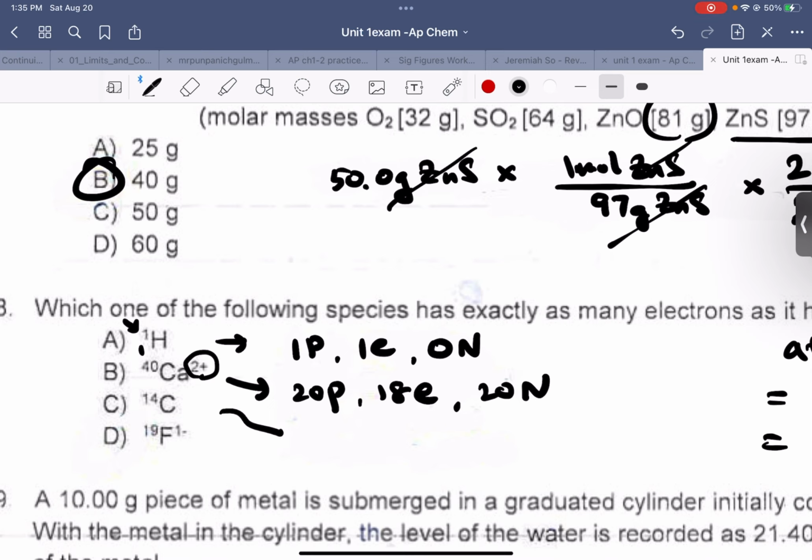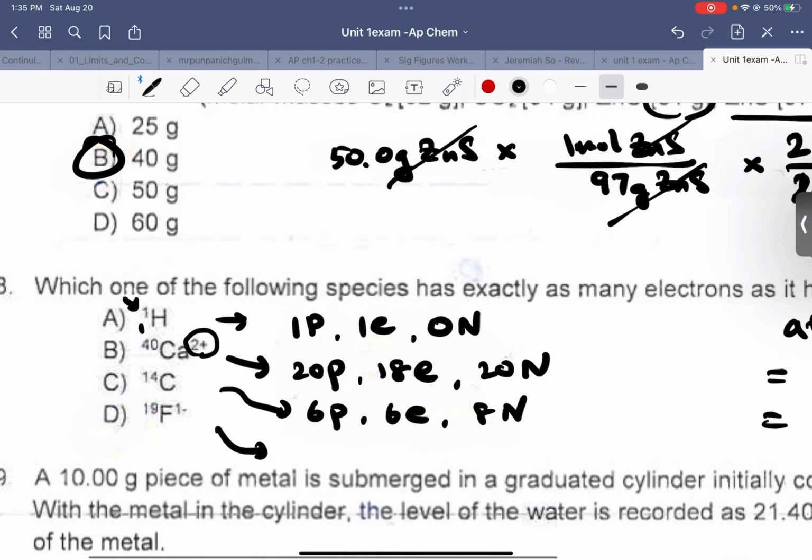So let's talk about everything, and then we'll find the answer. C, carbon, has atomic number 6, so 6 protons, it's not ionized, so also 6 electrons, and 14 minus 6 is 8 neutrons. Now the last one, fluorine is 19.